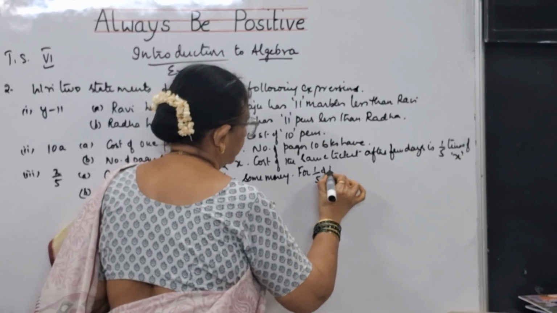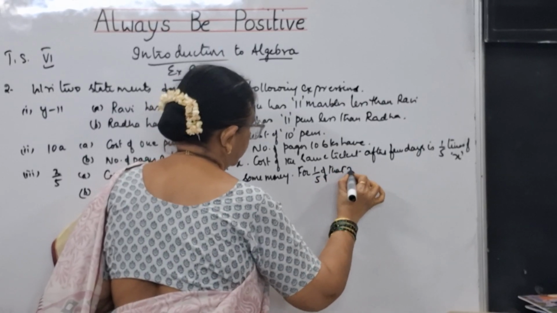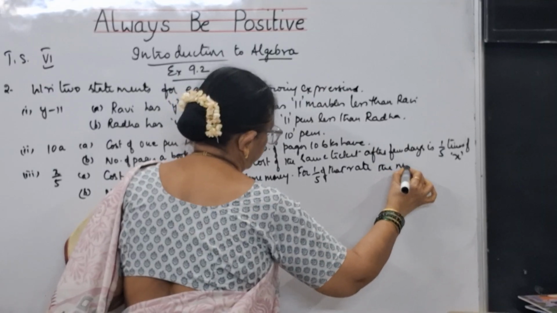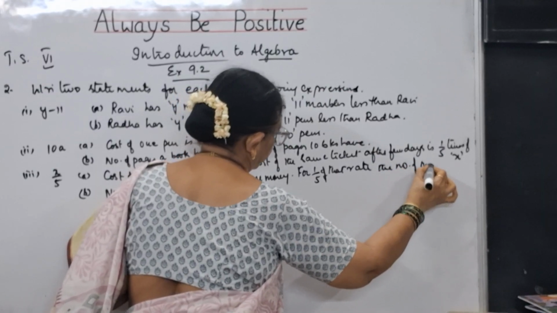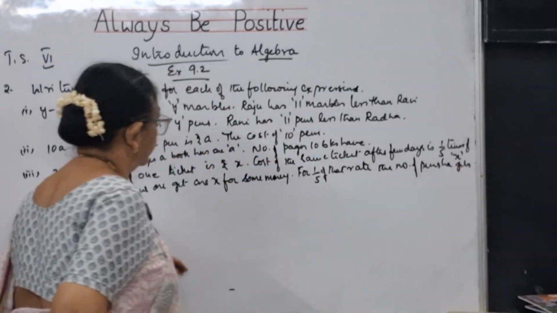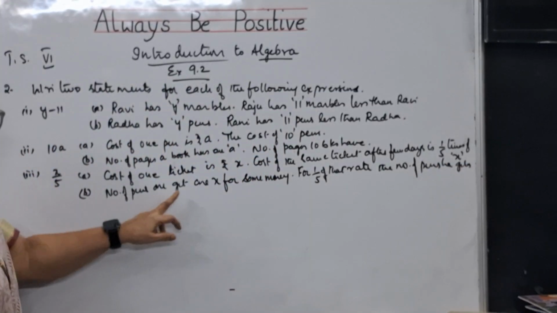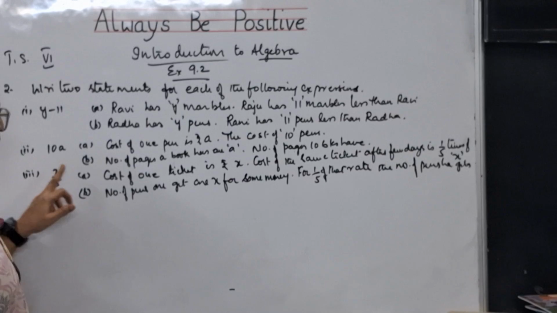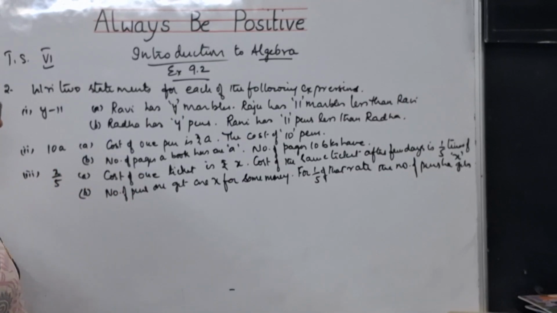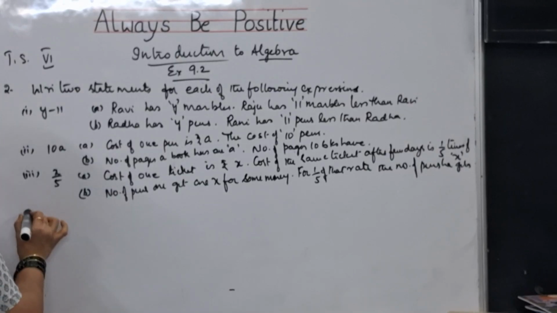See, number of pens one gets are x. If he pays some money, x pens he will get. For 1/5 of the rate, 1 by 5x he will be getting.